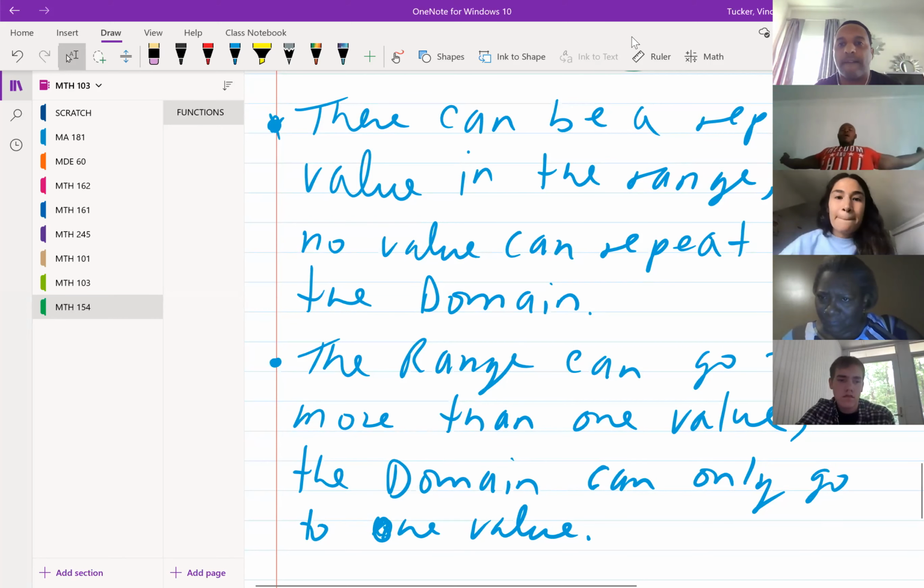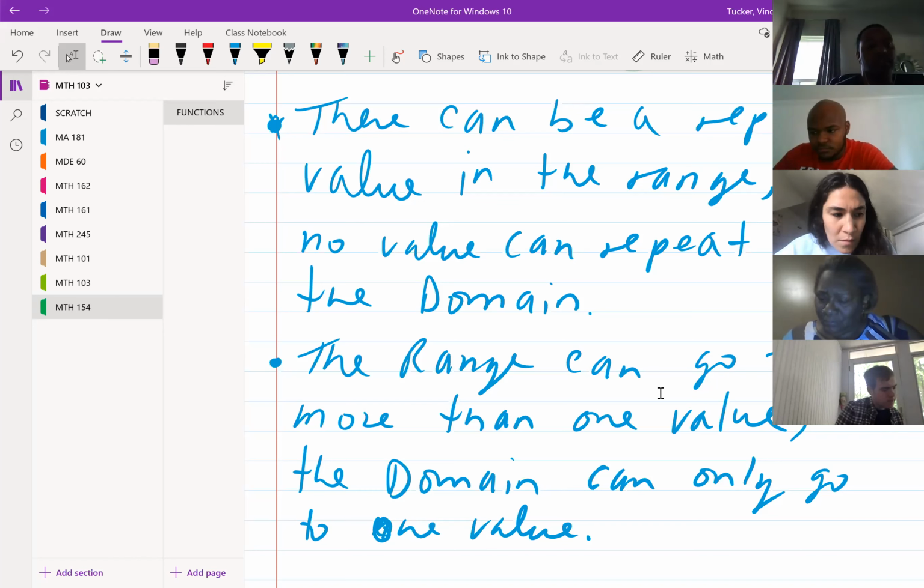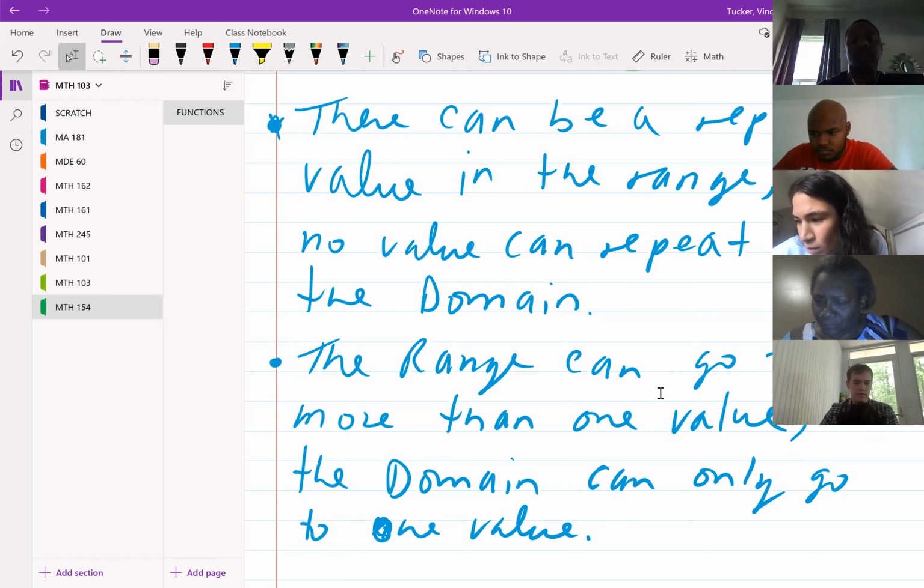If more numbers are in the range than the domain, does that make it not a function? No, not necessarily. It's all about the mapping. It's really all about, does the domain go to more than one value in the range? That can happen as far as mappings are concerned, but you're still asking yourself the question, does the domain go to exactly one value? As long as the elements in your domain go to exactly one value in the range, then it's still a function.